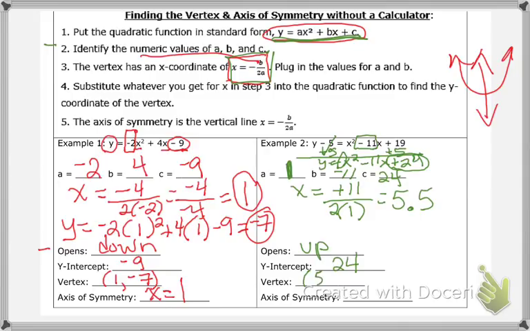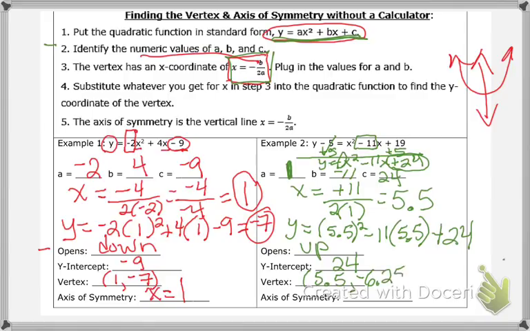So my x value is 5.5, and then my y value, again, we're going to plug into our equation. So I have y equals 5.5 squared minus 11 times 5.5 plus 24. When we put that in our calculator, it gives us -6.25.